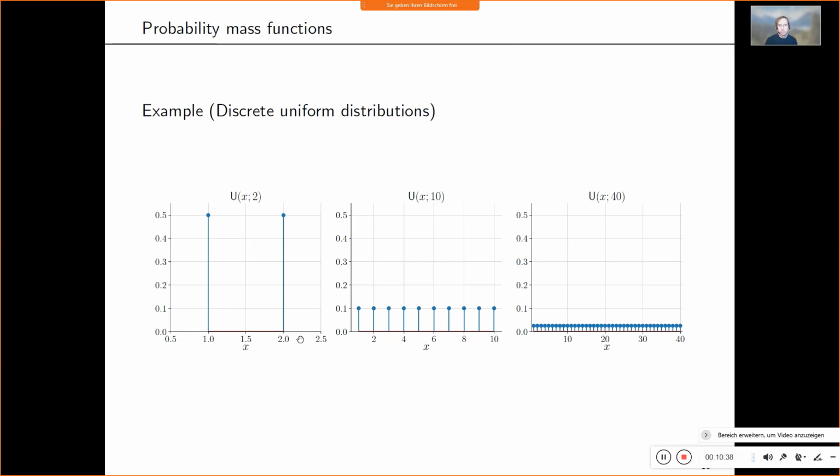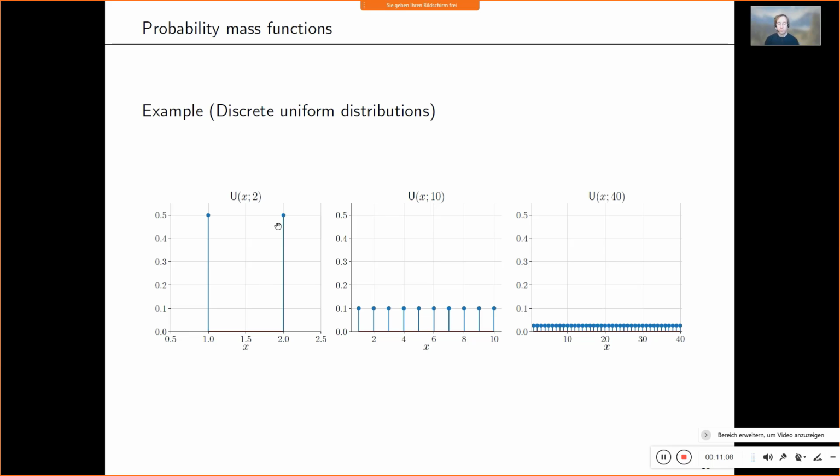For example, a discrete uniform distribution with parameter 10 takes on the values 1 to 10, and it doesn't assign probability mass to any other values, like for example 4.5.